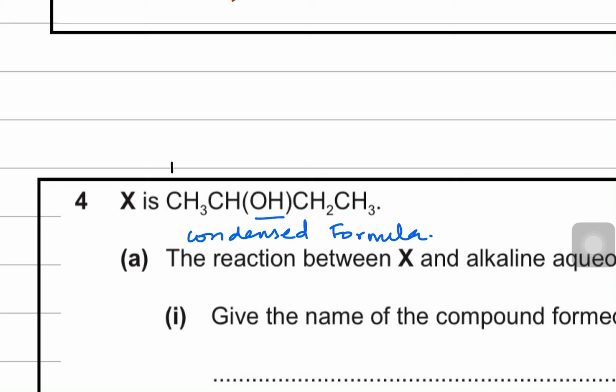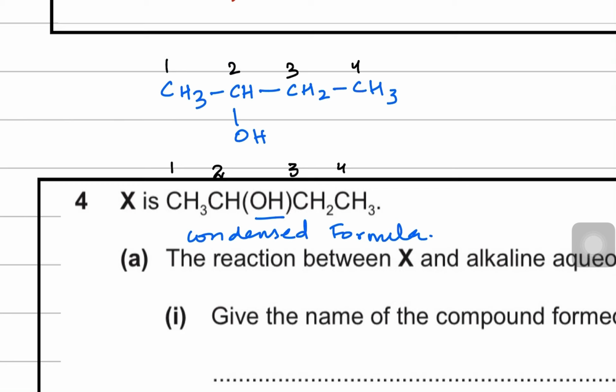It's carbon 1, carbon 2, carbon 3, carbon 4. The OH is on carbon 2 because you can see it has only one hydrogen. It looks like this, a CH3, then a CH with OH because the OH is in bracket, which means branch, then another CH2 and then CH3. Carbon 1, 2, 3, 4.